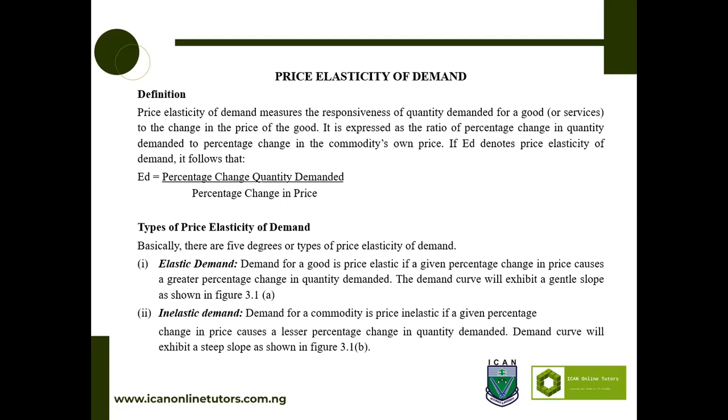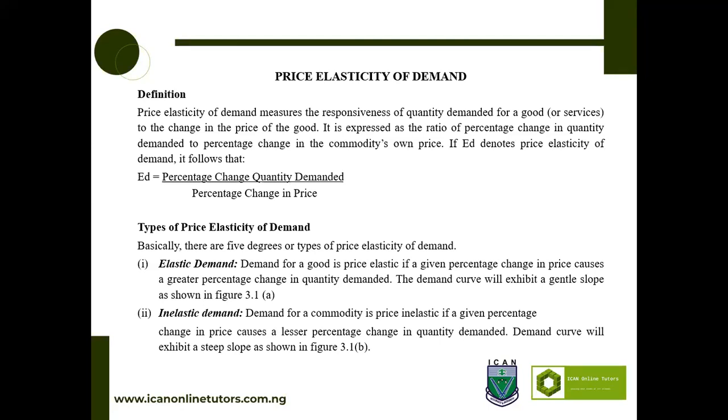The same thing is applicable to percentage change in price: the previous price, the old price, compared with the new price. So the relationship between the change in quantity demanded and the change in price is what is known as elasticity of demand.